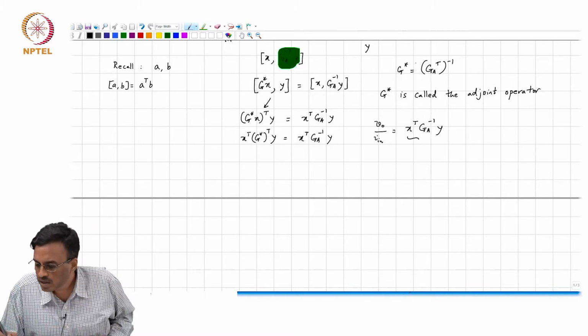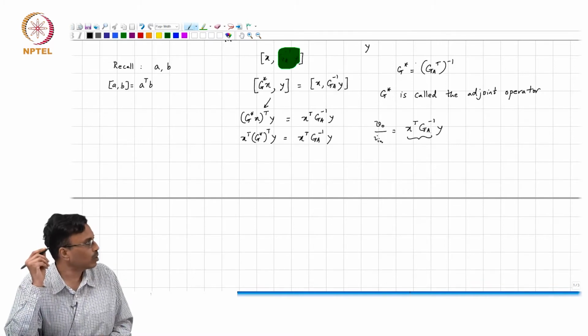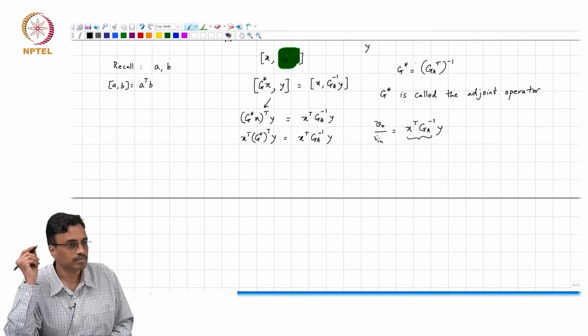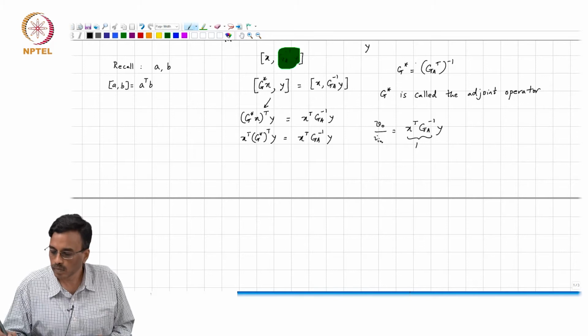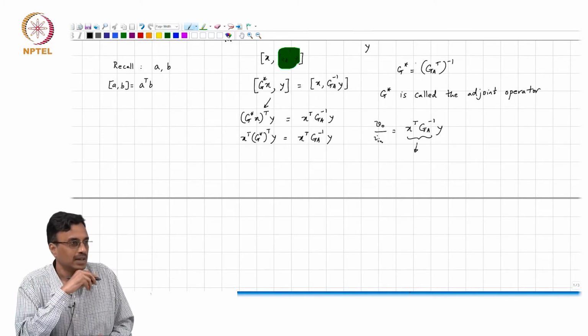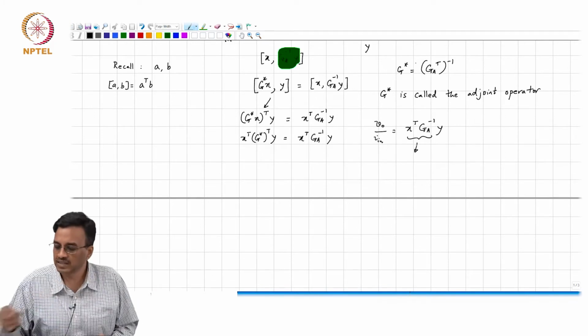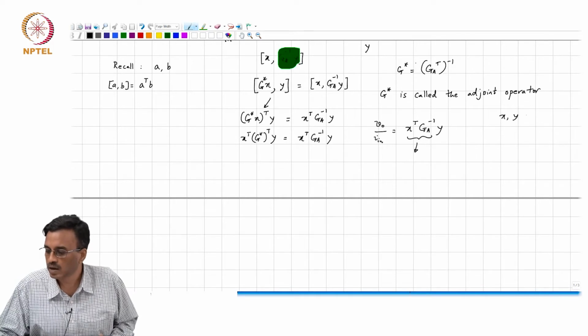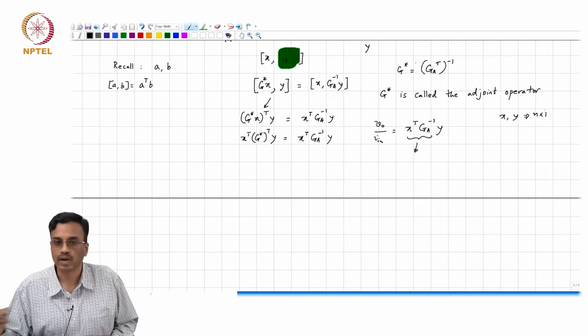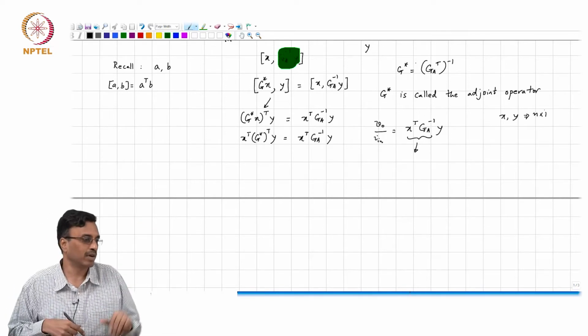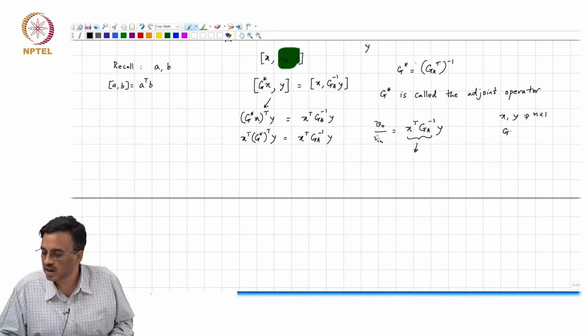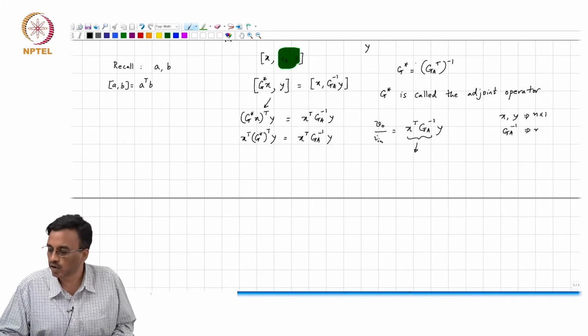So, what comment can we make about the dimensions? Let us say there are n unknowns, so X, Y are both n cross 1 vectors, because there are n number of unknowns, and GA inverse is n cross n.